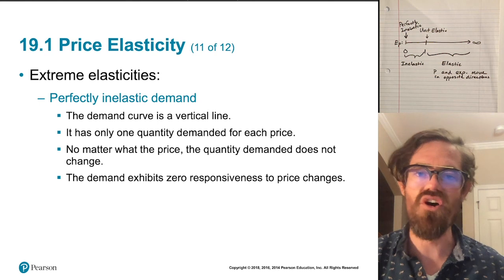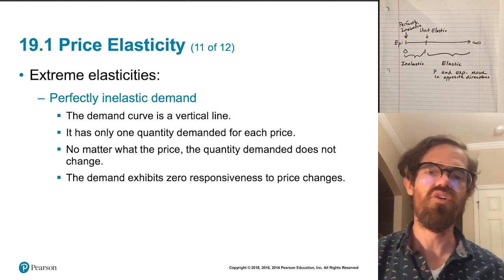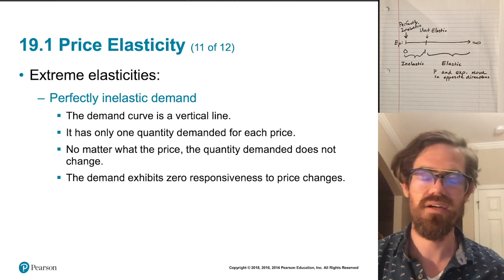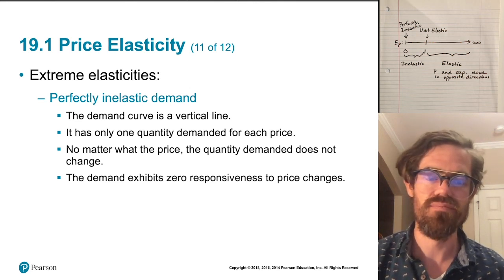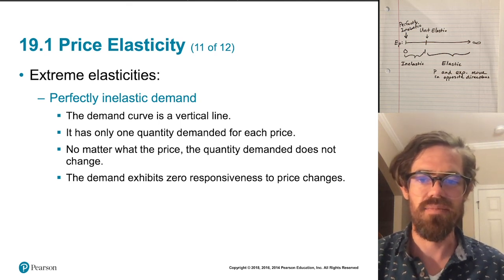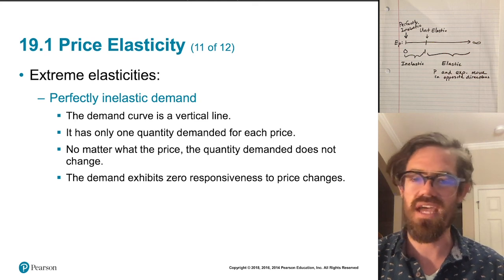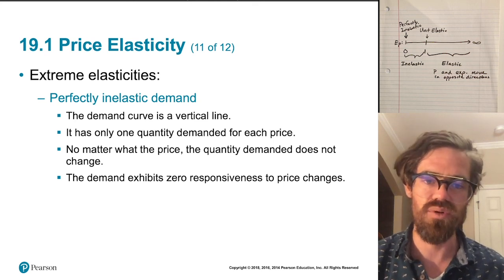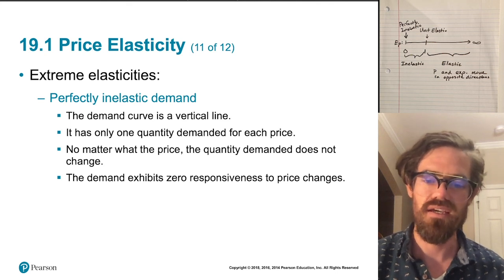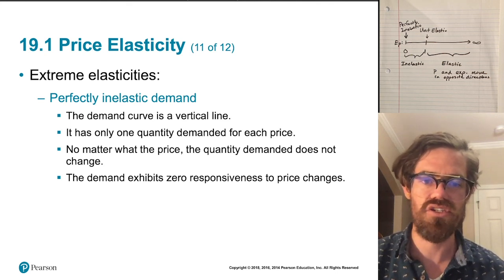There's absolutely no response to the price change. Quantity doesn't change at all. And so what you get in the top of our fraction is percent change is 0, right? And of course, 0 divided by anything is still 0. And so again, what this means is that there's absolutely no response to a price change. So quantity demanded stays exactly the same, no matter how the price changed.